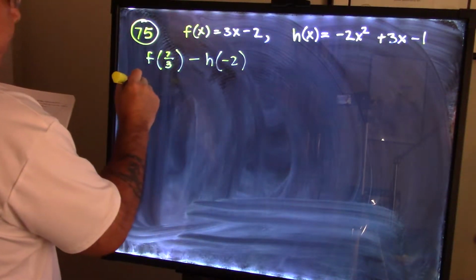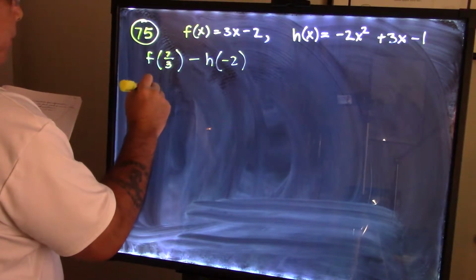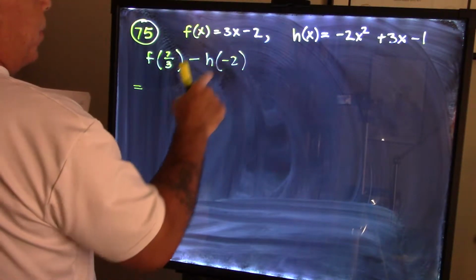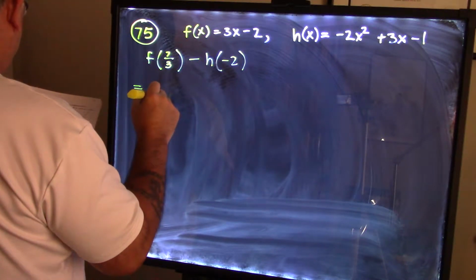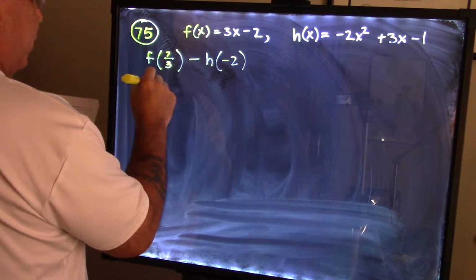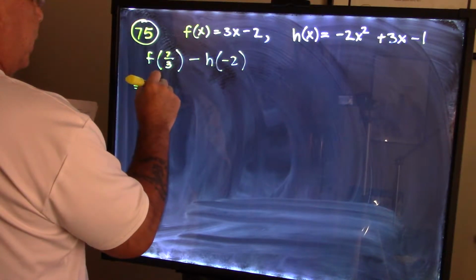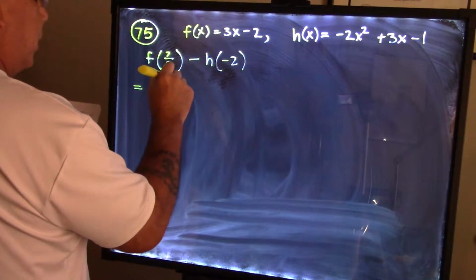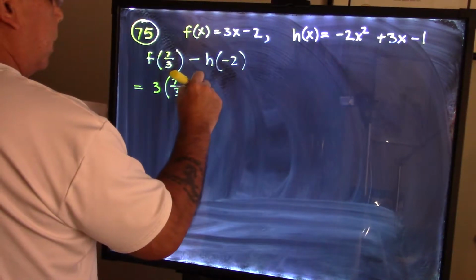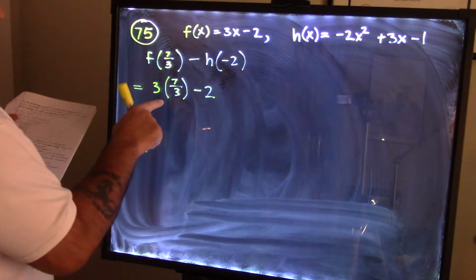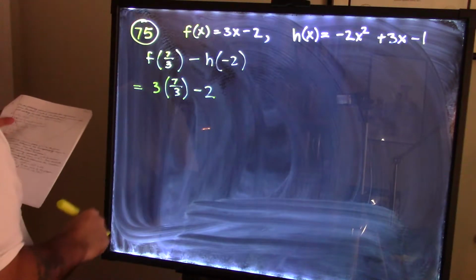Okay, so take f of x. That's 3x minus 2, so that would be 3 times 7/3 minus 2. So there's your f of 7/3. 3 times 7/3 minus 2. There again, that's f of 7/3 right there.